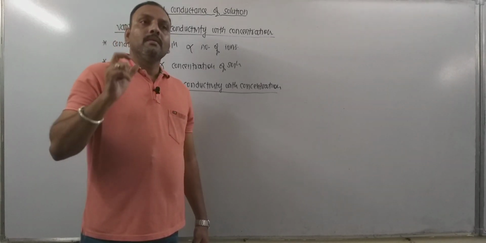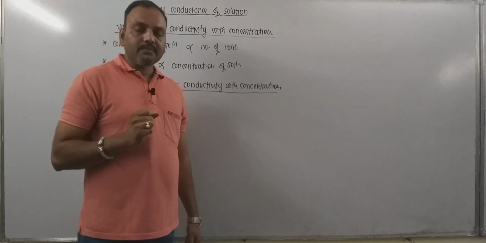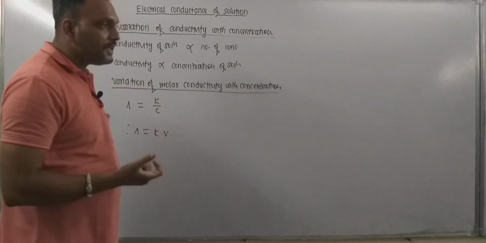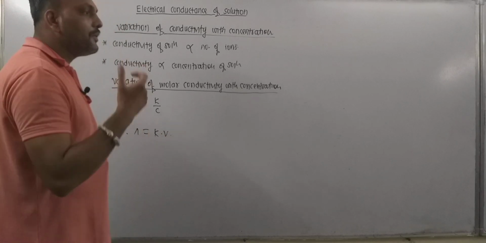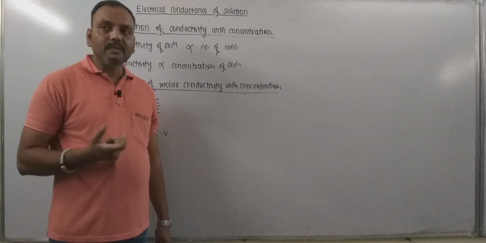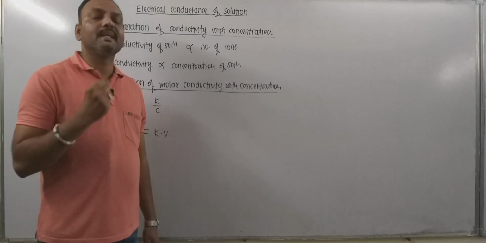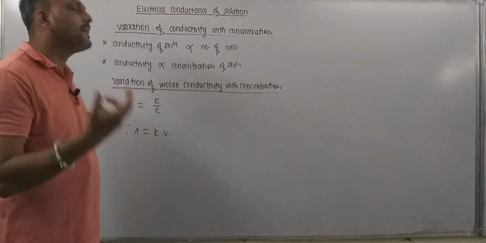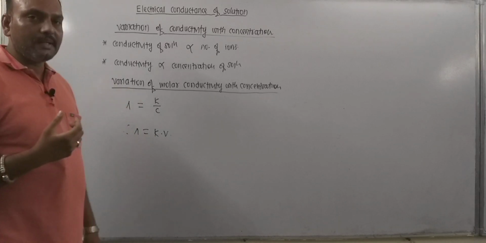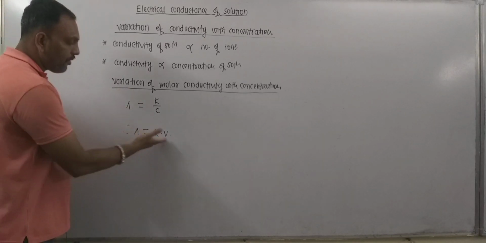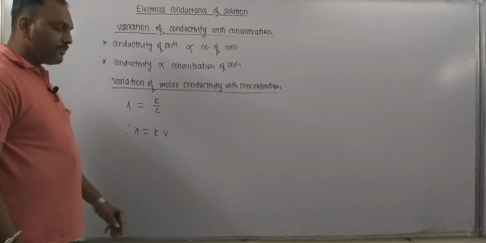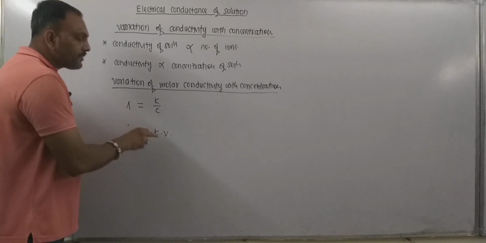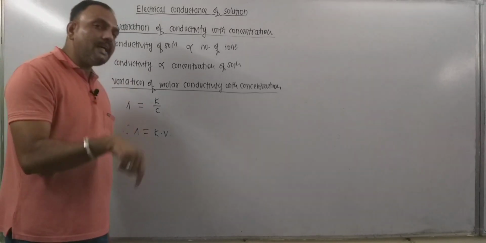On dilution, that 1 mole of electrolyte undergoes ionization, due to which the number of ions gets increased, which leads to an increment in the molar conductivity. So it is evident from this relation that molar conductivity increases with increase in dilution.